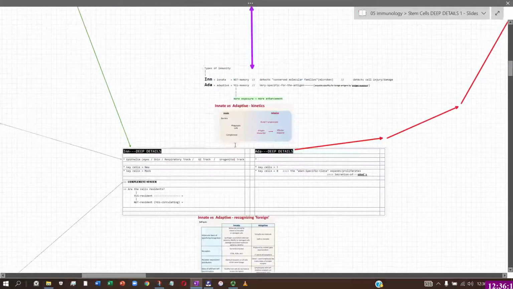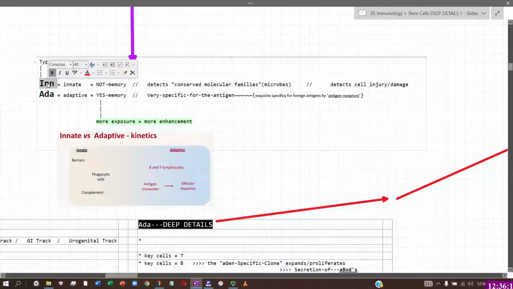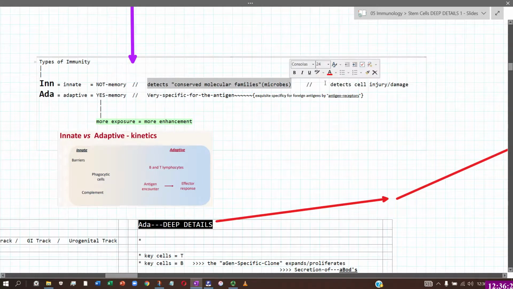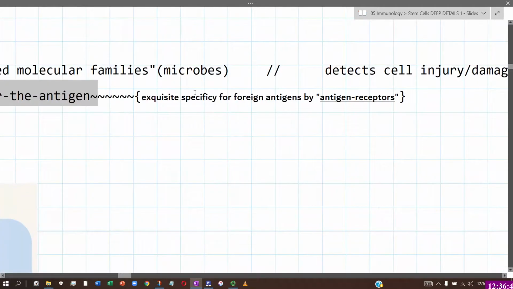So here we have a quick little summary. When it comes to innate immunity, it does not possess memory. It detects conserved molecular families, and it detects cell injury or damage. When it comes to adaptive immunity, yes, there is memory involved, and the specificity for antigen is very, very high.